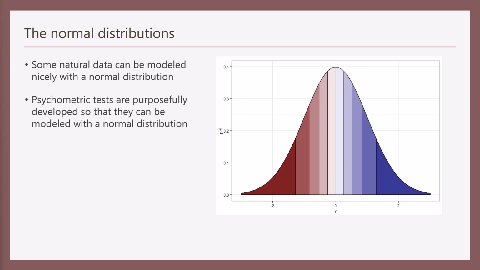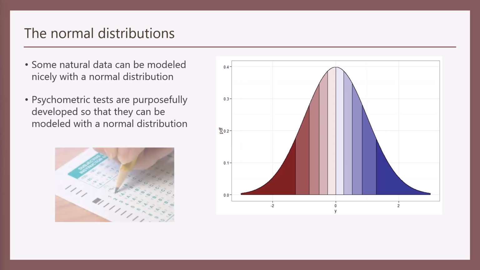So while many things naturally occur with a normal distribution, some man-made things purposefully have a normal distribution. IQ test. The SAT is created on purpose to have a normal distribution. It's calibrated so that the distribution will be that mathematical probability distribution that we call a normal distribution.